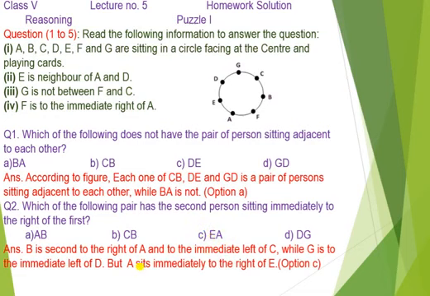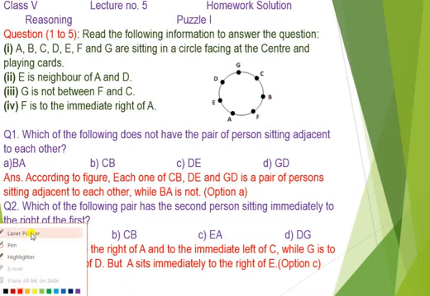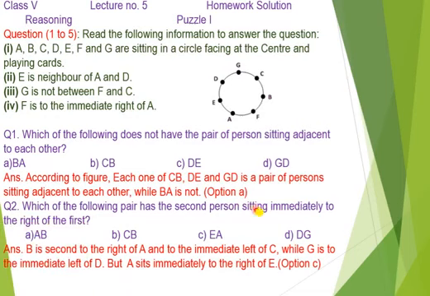Let's go to question number 2. Which of the following pairs has the second person sitting immediately to the right of the first? Option A: AB. Option B: CB. Option C: EA. Option D: DG.